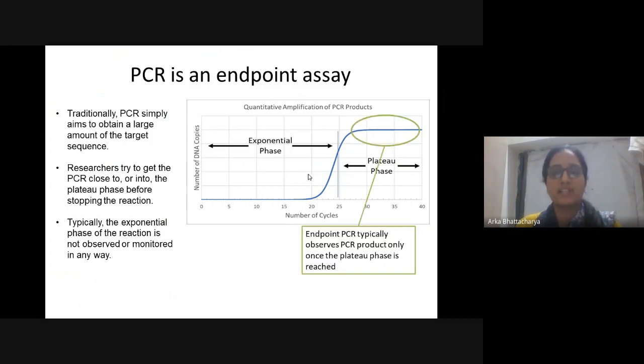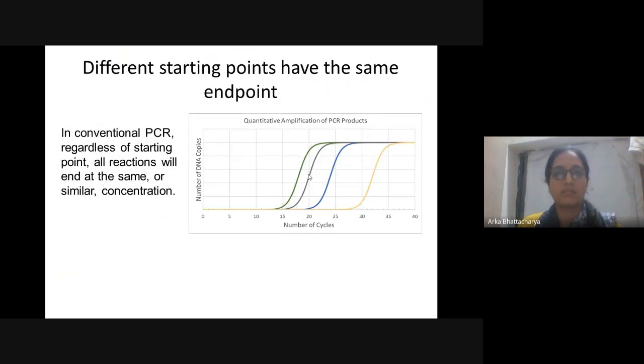The endpoint is the only point where we can see that our PCR has completed. So we have different starting points, but we have the same endpoint. We can't really identify at what cycle our PCR reagent has completely exhausted.